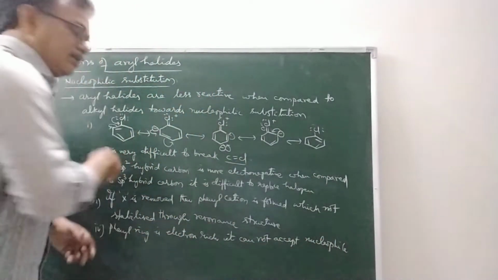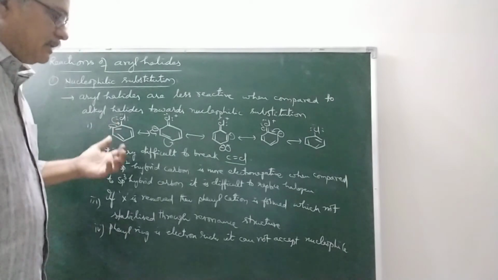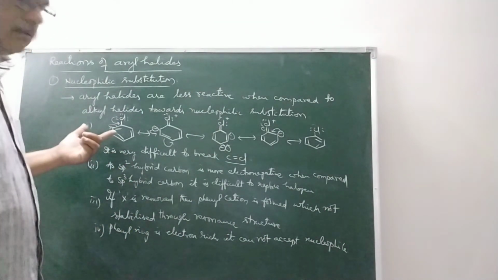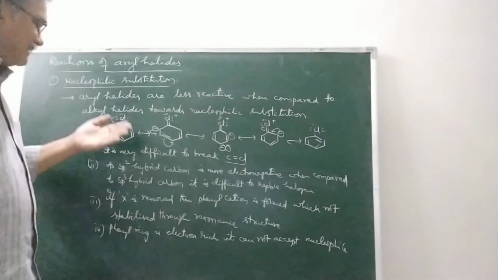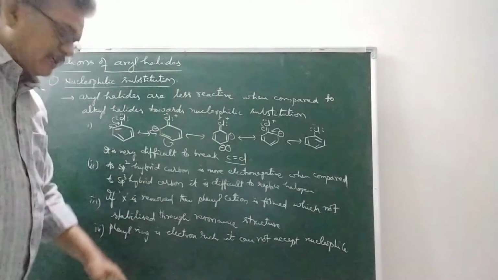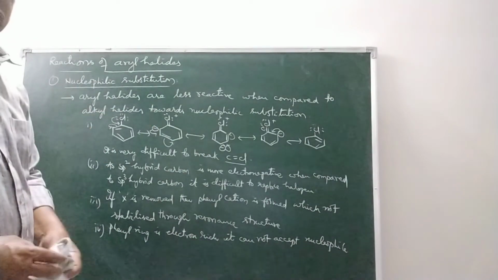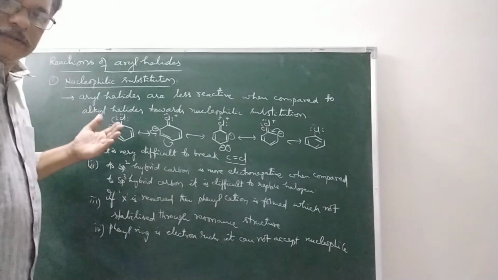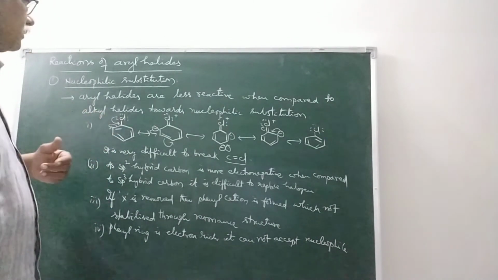In this way, the nucleophile cannot reach the aryl ring or phenyl ring. So these are the 4 reasons due to which aryl halides are less reactive when compared to alkyl halides towards nucleophilic substitution. This is also important from the IIT or NEET point of view.